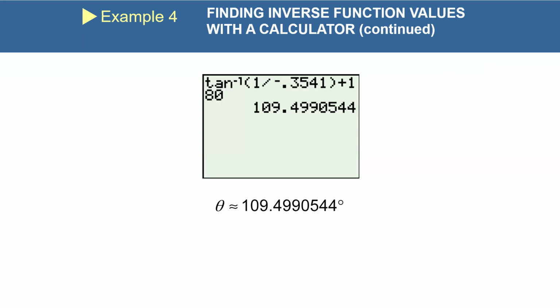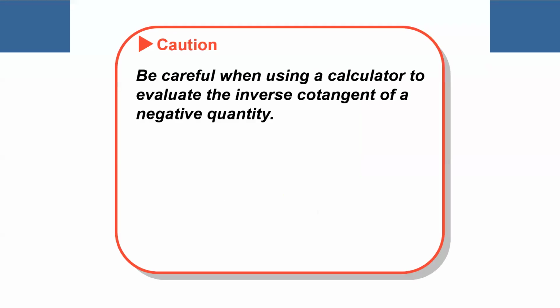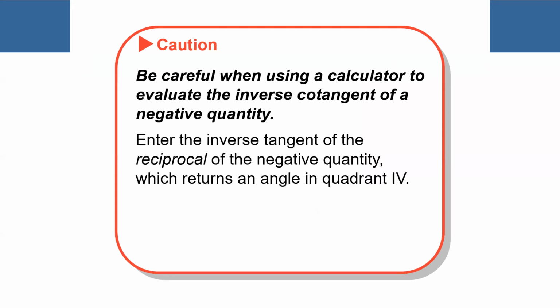How do we feel so far about the calculator? Good. Okay. So be careful when using the calculator to evaluate the inverse cotangent of a negative quantity. Be very careful when you're doing the negative quantity for cotangent. You're going to enter the inverse tangent of the reciprocal, which is what we did, right?